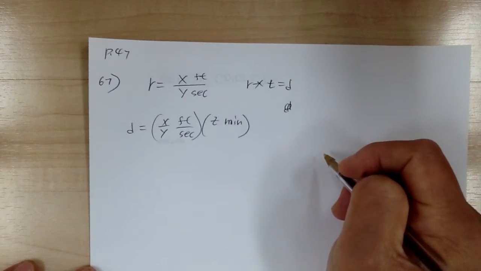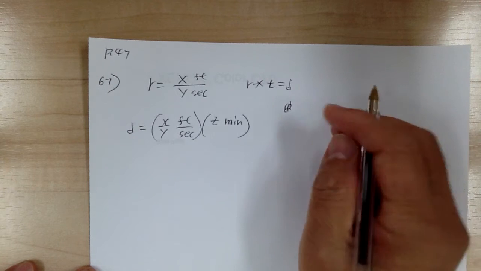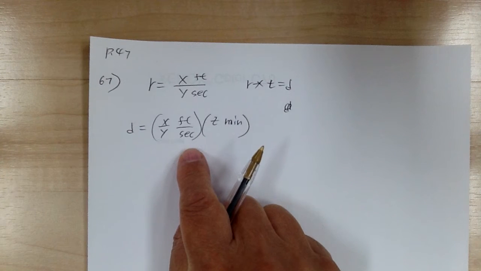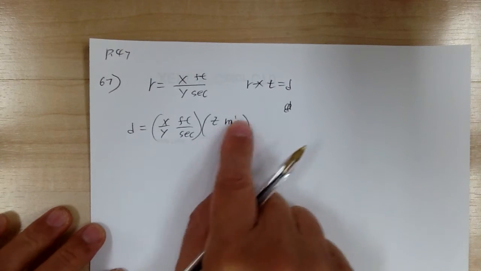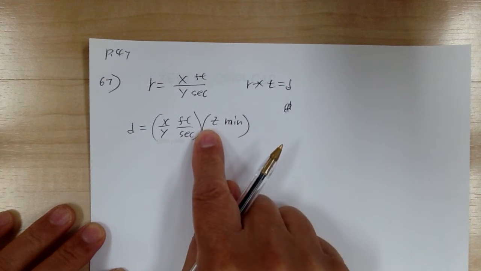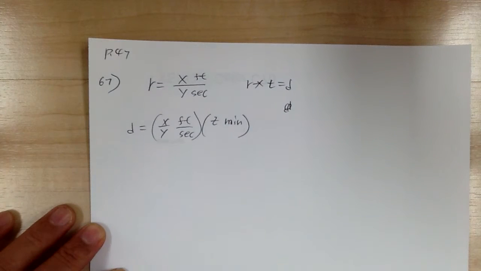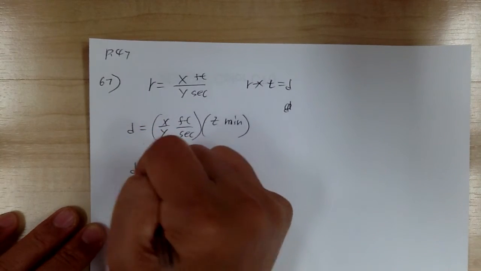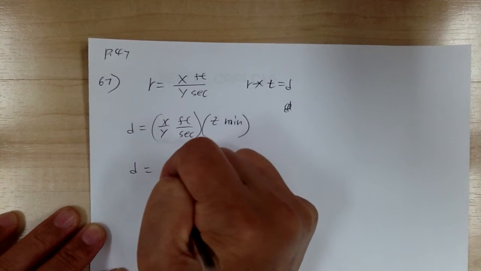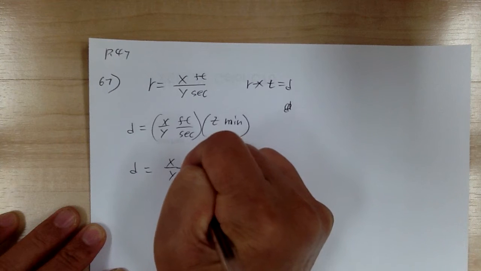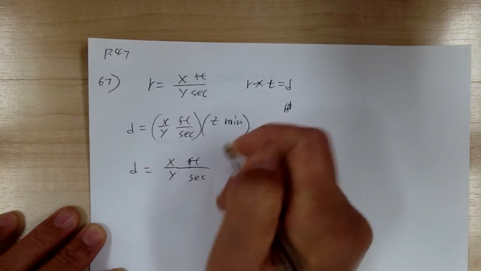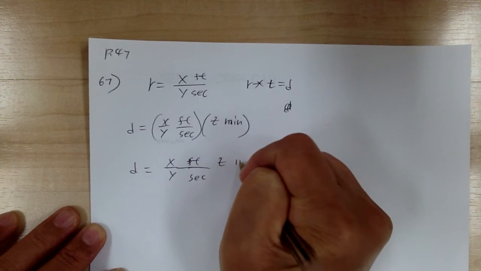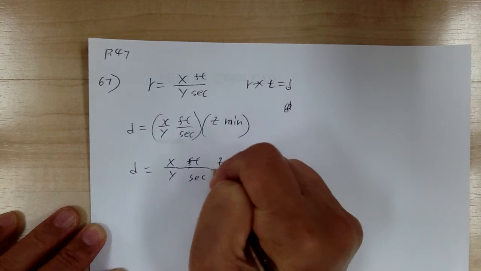Okay. So now you have to simplify things a little bit. So you have to make everything fit according to the requirement. So it asks for how many yards, so you have to get everything to fit. So x over y, you've got feet over second, and you've got z minutes.